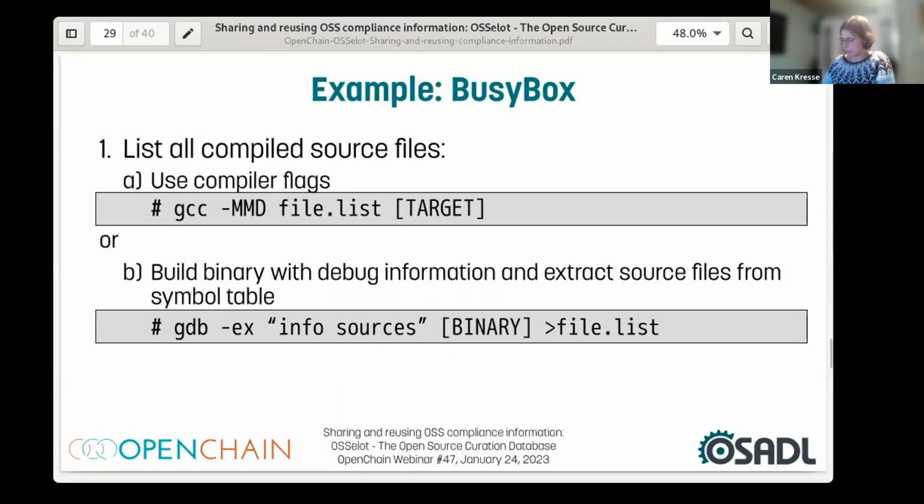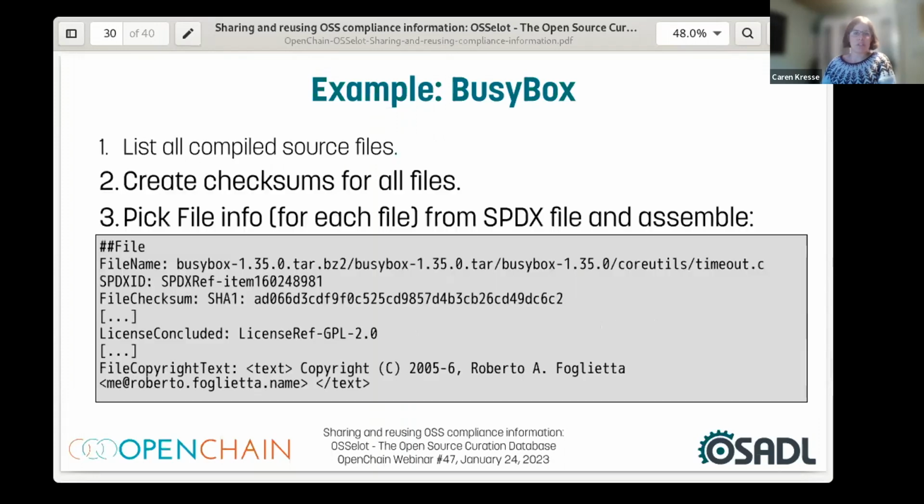So the example we took here is BusyBox, and the first step, of course, depending on your build process, is to find out which source files are actually compiled into your binary, be it by using compiler flags or via a symbol table, so whatever works with your build process.